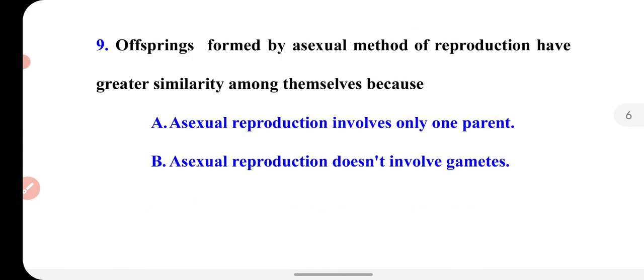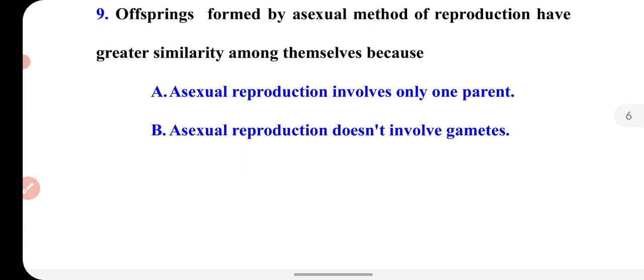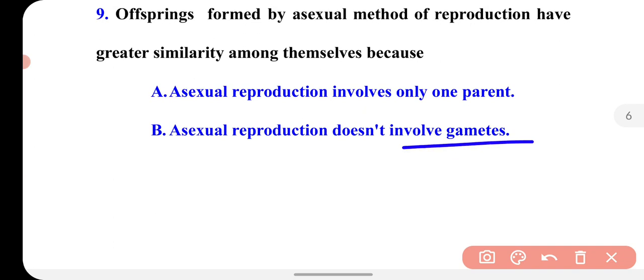In the asexual method of reproduction, the offspring, the new generation, are very similar to the parent because it involves only one parent, and asexual reproduction doesn't involve gametes. Gamete formation occurs in sexual reproduction, and in sexual reproduction two parents are involved.